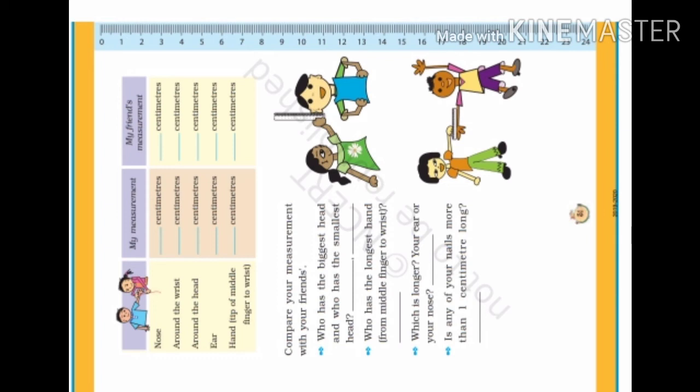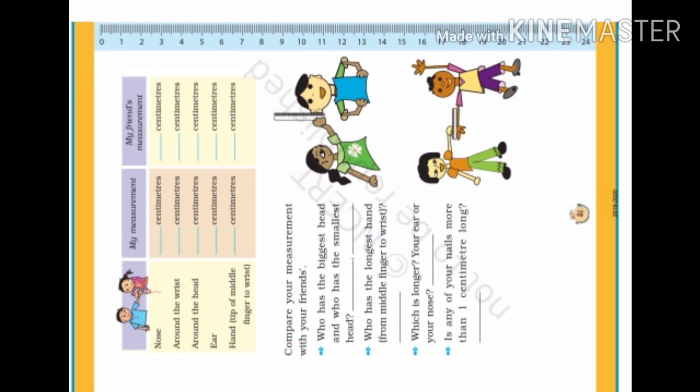Okay, and also you measure someone else also, maybe your brother, your sister, your mom, or your dad, and then in one box you write your measurement, and in another box here, my friend's measurement. In place of your friends, you can write your family members. Okay, because right now you might not be meeting any of your friends, so you can write for your brother, your sister, or your parents.